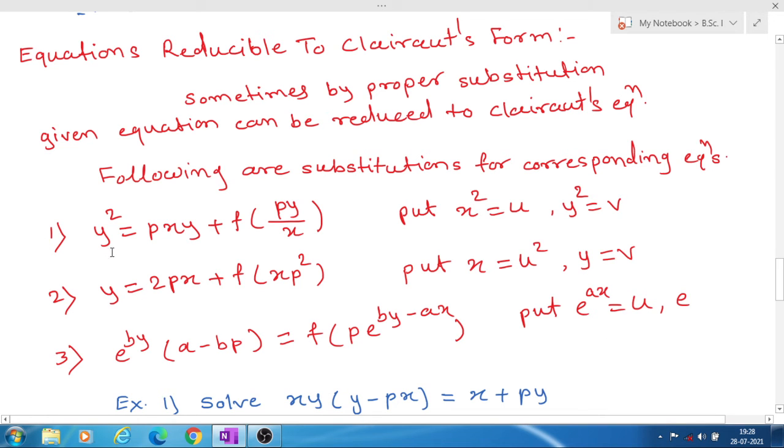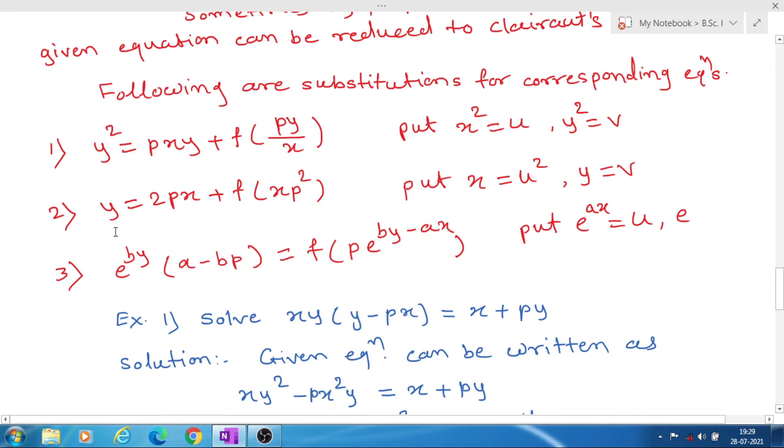The first type is y square is equal to pxy plus f of py upon x. For this type the substitution is x square is equal to u and y square is equal to v. Another type is y is equal to 2px plus f of xp square. Here we put x is equal to u square and y is equal to v.